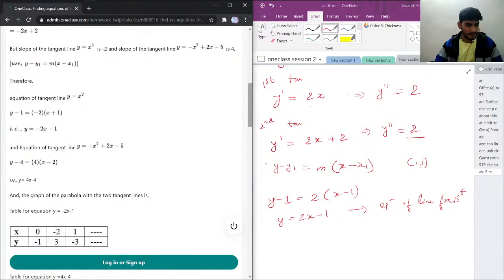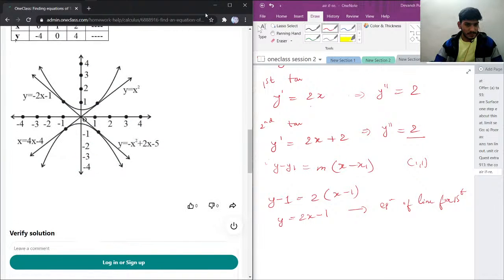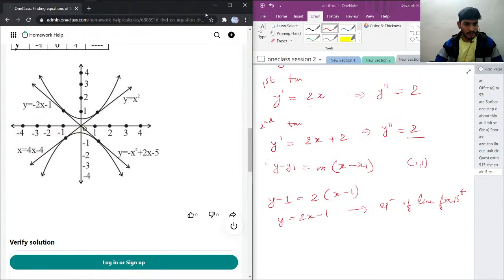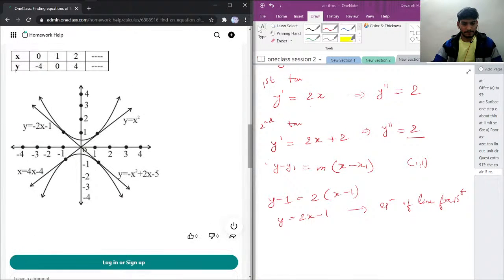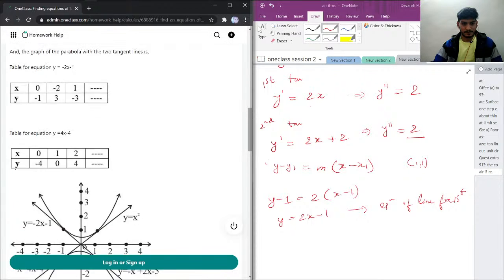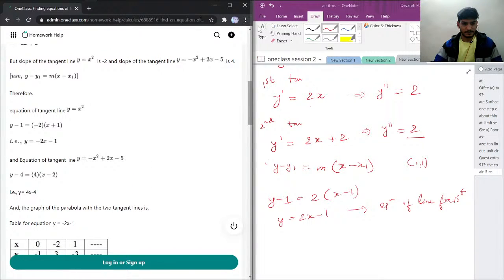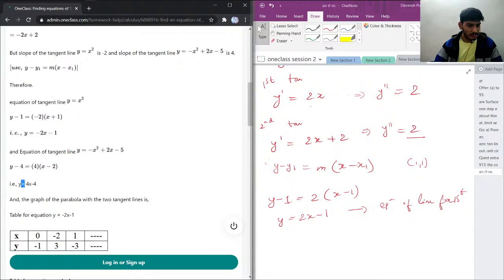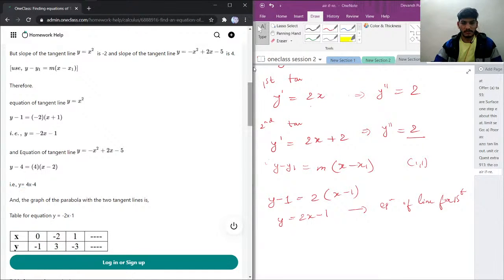Then we have, they have taken 1 comma 1 and y equal to 4x minus 4, y equal to x squared. I'll just go with this equation. So for the other equation, they have taken the coordinate as 4 comma 2.